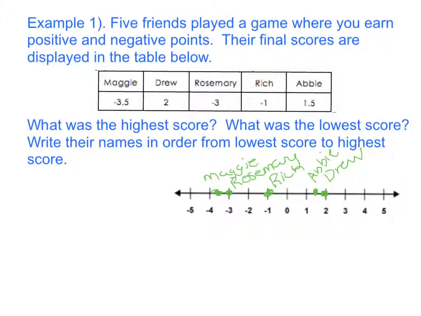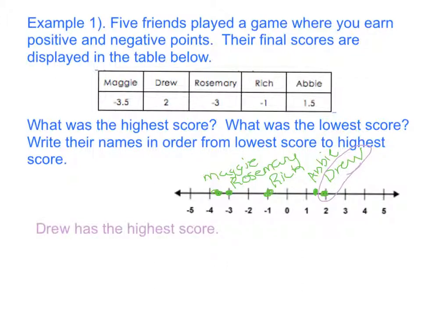All right, so the highest score. We know a number line goes in increasing order from left to right. So the number all the way on the right-hand side of the number line would be my highest score. That would be Drew, the one farthest to the right.